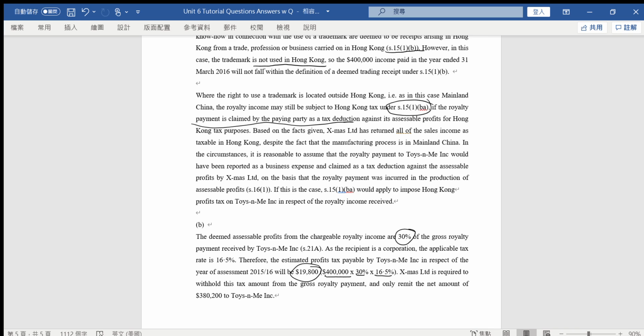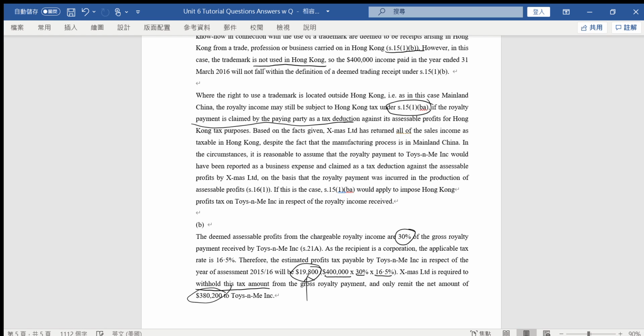But you will find that for this item, Christmas Limited, the Hong Kong company, is required to withhold this tax amount on behalf of TME. That is why, when the Christmas company remits the 400,000 to TME, it should withhold the 19,800 and remit only 380,200 to TME.